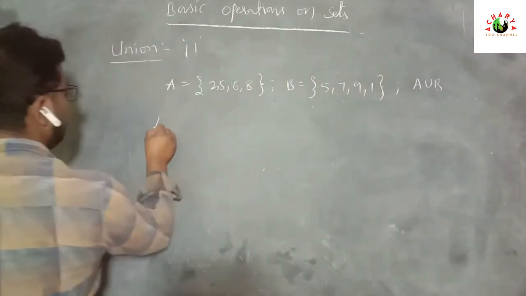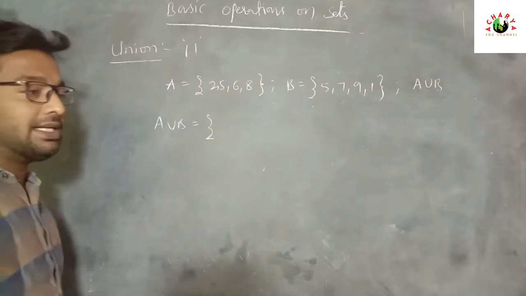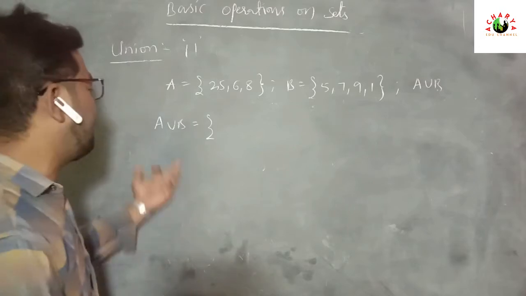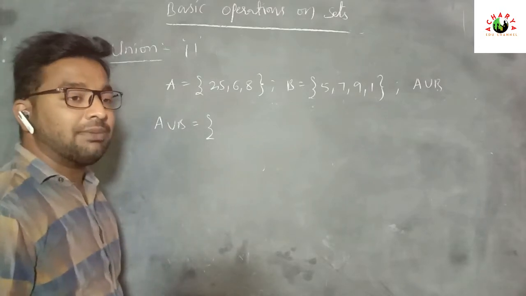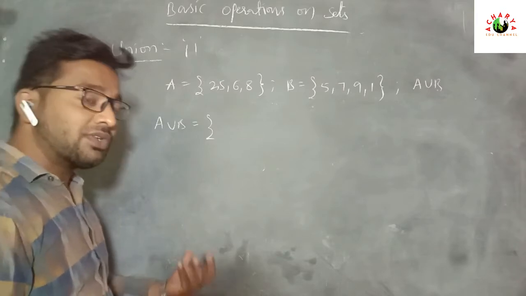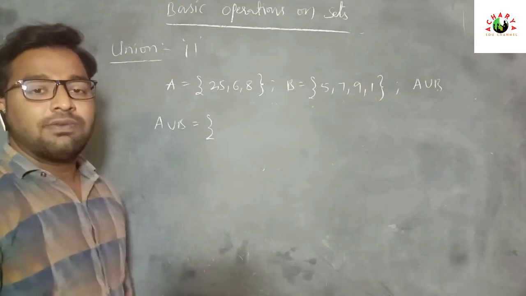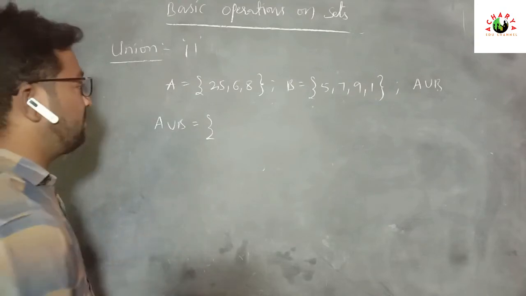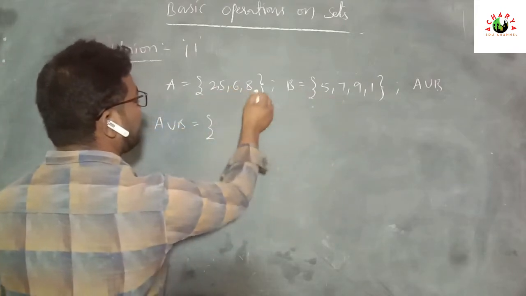So A union B is equal to, directly we have to combine the elements of the sets, and we should not repeat the elements while we are writing union. Actually, we should not repeat the elements in any set. See here, when we are doing union, we combine the elements. 2, 5, 6, 8.